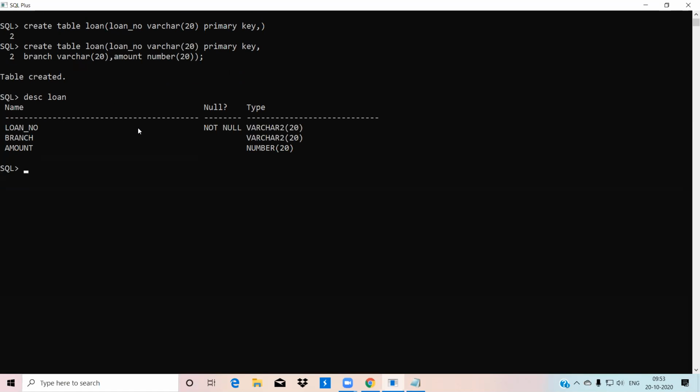Okay, next I am going to create one more table. Why? Because we are using a join, which means that I have to create two tables and combine those tables.